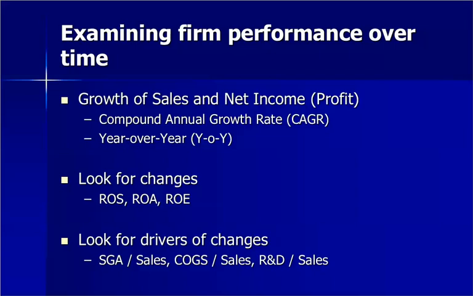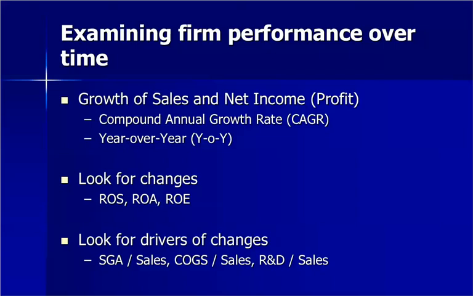There are a number of things that you can do with this financial information that help you understand firms' performance. You can examine the growth rates of sales and profits or net income over time, looking at long-term trends using measures like compound annual growth rate, or changes in those trends by examining year-over-year growth rates.